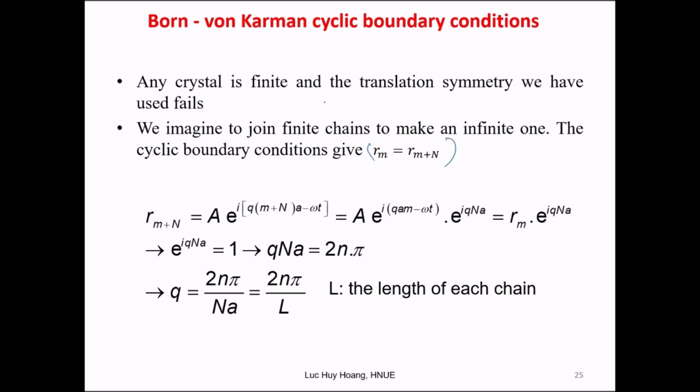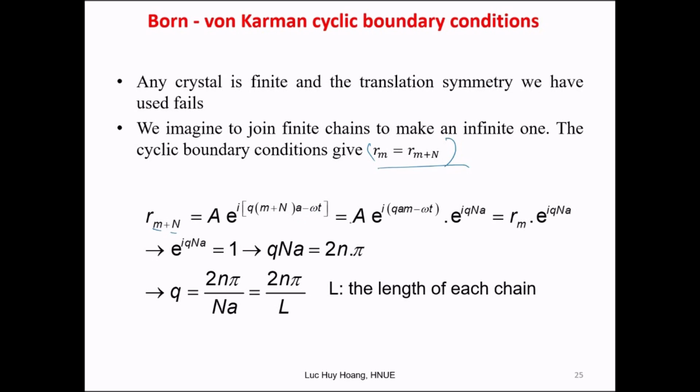So from the finite crystal, we can make it become infinite by using this condition. Okay, so we solve for what happens if we apply this condition. Rm plus N should have this equation, a term exponent of i to the power of i(Q(M plus N)A minus omega t).